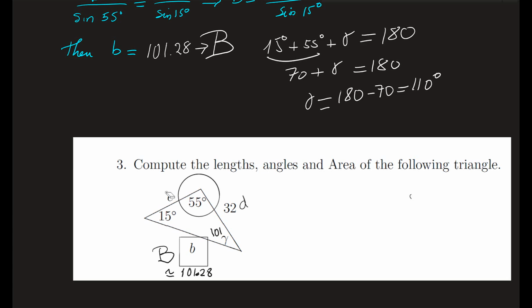But using the sine law again, we can say C divided by the sine of the opposite angle is equal to D, which is 32, divided by the sine of the opposite angle.